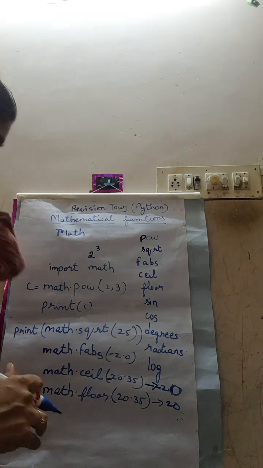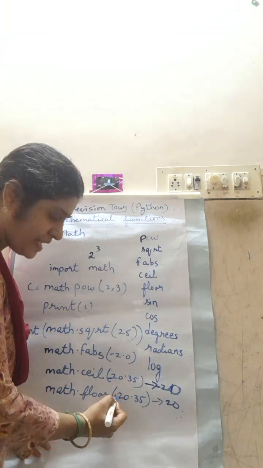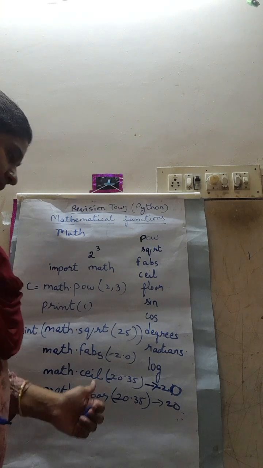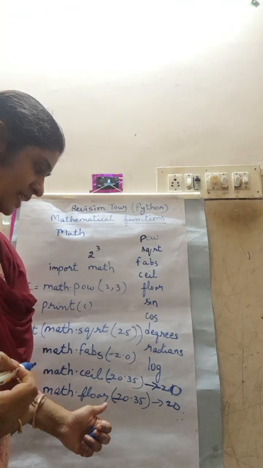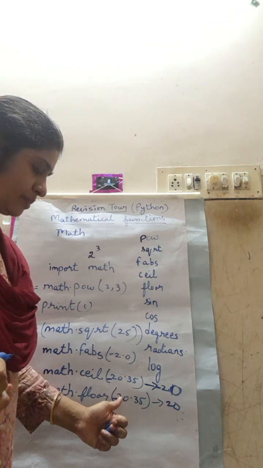And in the case of floor, if I give minus 20.35, what will be the answer? It will give you the smaller number. So what will be the smallest number?